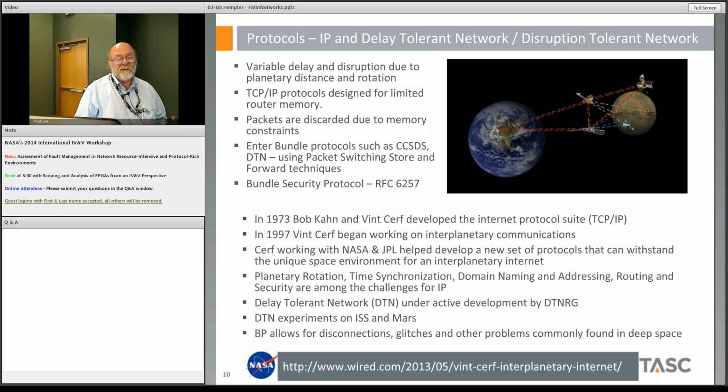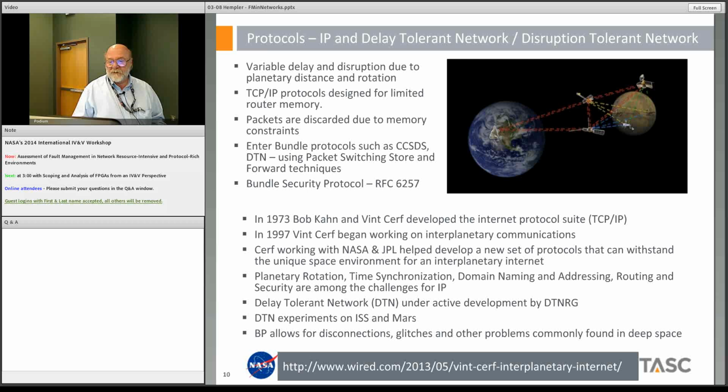They wanted to carry the web services forward into space and have a planetary internet at some point in time. So the protocol has to change, has to evolve. And so they have something called a delay-tolerant network, disruption-tolerant network that they're working on, so it can deal with these disruptions.